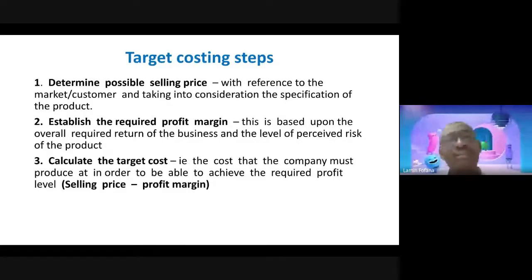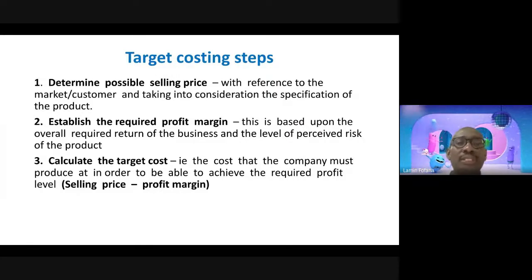So if you want to produce soap, you go around the market and look at various soap types, what's their price, you jot them down, you get at least a fair number of different competitors, their prices, and then you try to find an average price. So that's what you do when you're trying to determine a possible selling price. So you do a market research.